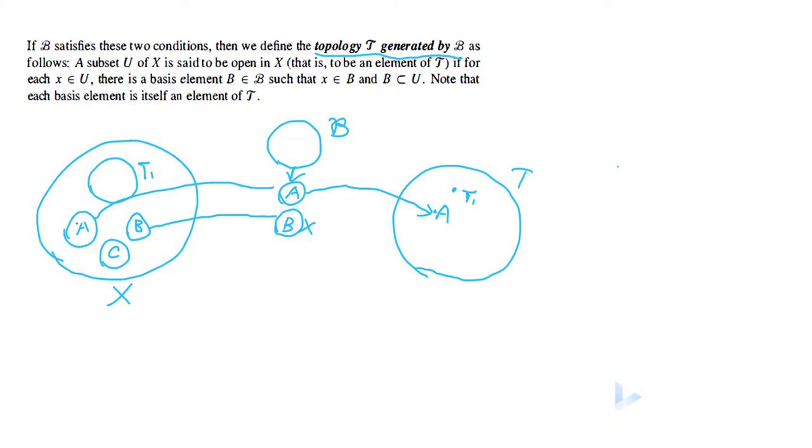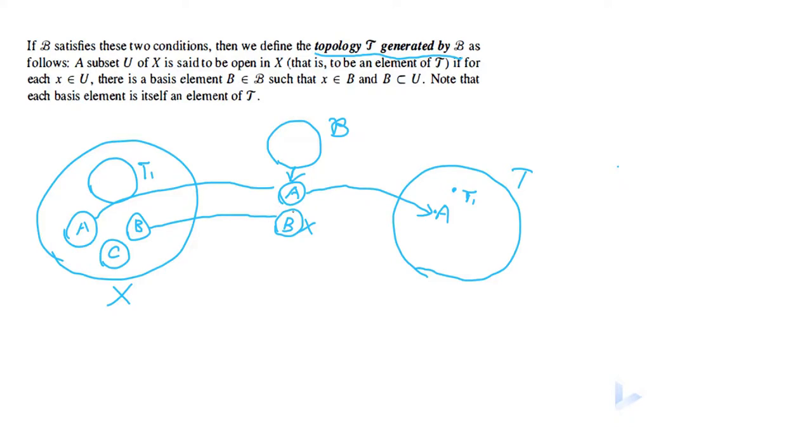Then those open sets we put in this collection T, and this collection T will be a topology. So that's the process and the idea to build the topology T based on this basis. This is the higher level idea about this process.